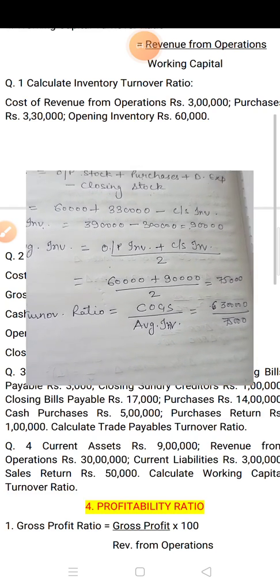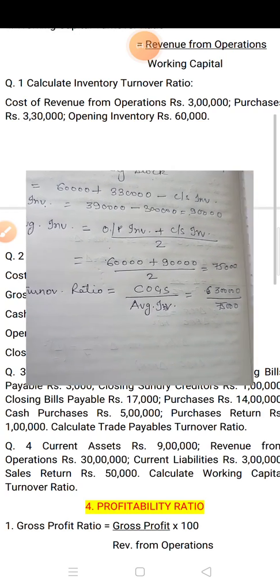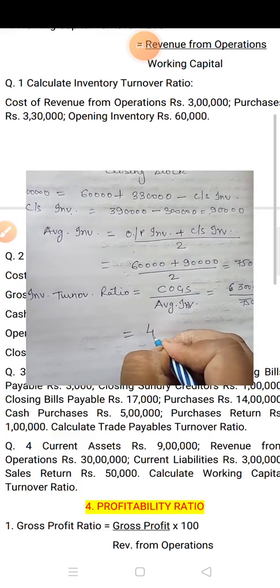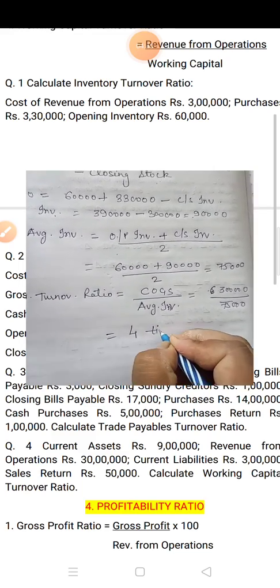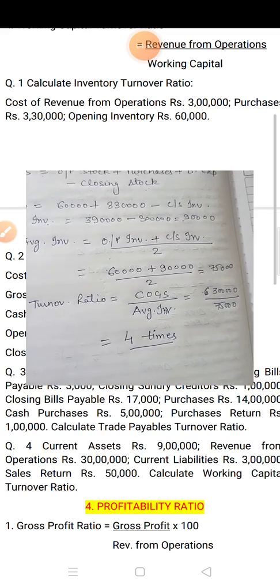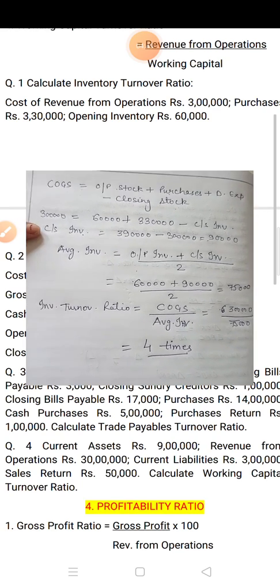Now divide it and find out the value. When you divide, the answer is equal to 4. So it is 4 times. Always remember, inventory turnover ratio answer will come in times. So answer is 4 times.